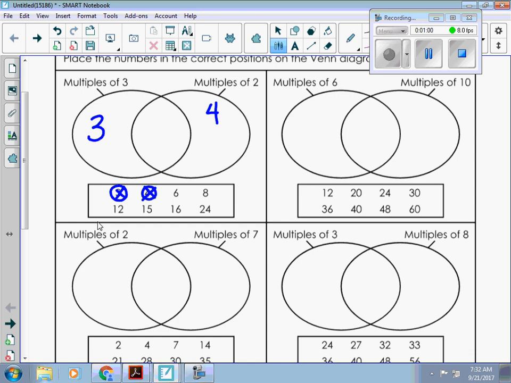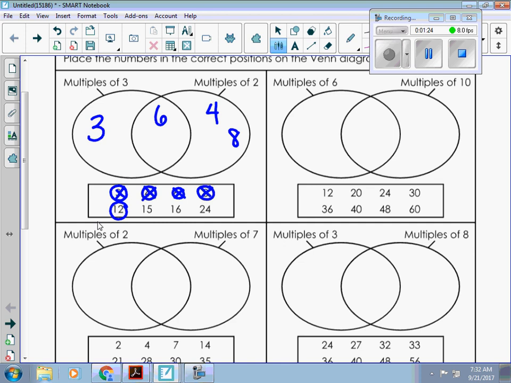For 6, 3 times 2 is 6, so 6 is a multiple of 3, and 2 times 3 is 6, so 6 is a multiple of both of them. For 8, nothing times 3 is 8, but 2 times 4 is 8, so 8 is a multiple of 2.